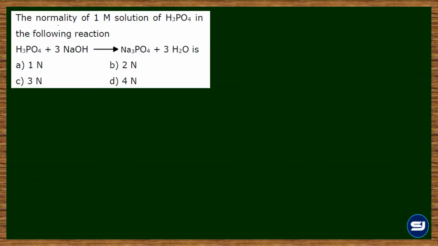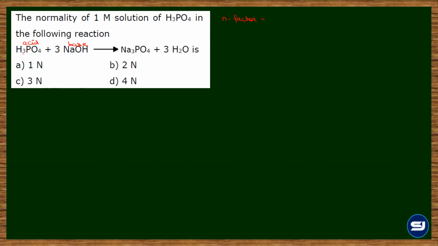The normality of 1 molar solution of H3PO4 in the following reaction is... Now, this is a neutralization reaction. In case of neutralization, when acid reacts with the base, the n factor is equal to the number of H+ and OH- neutralized in the reaction.